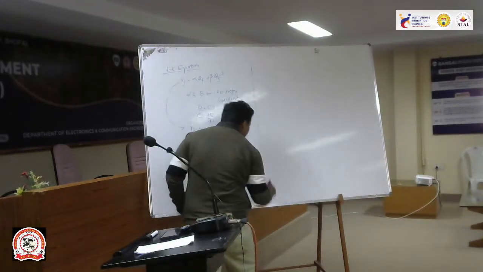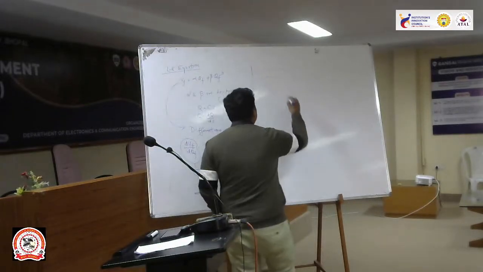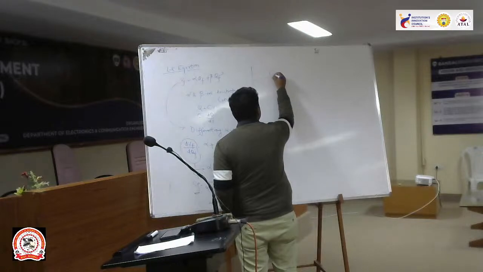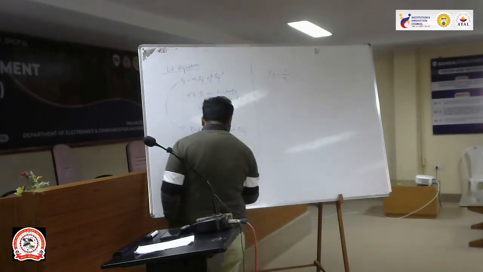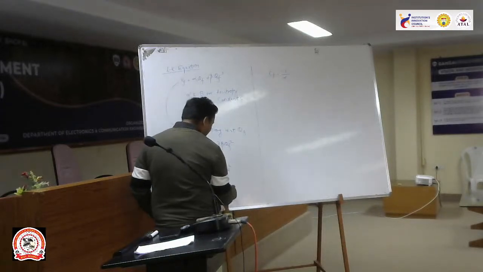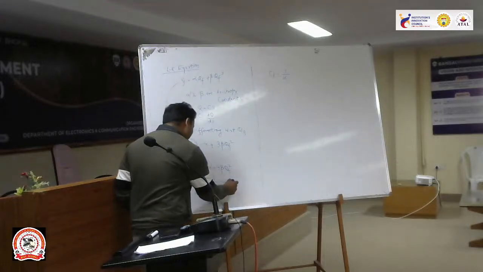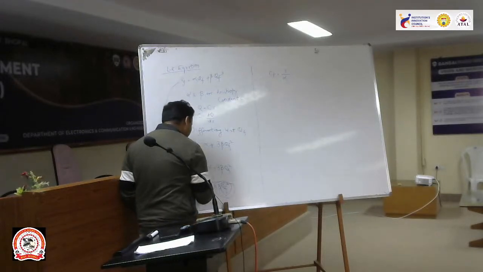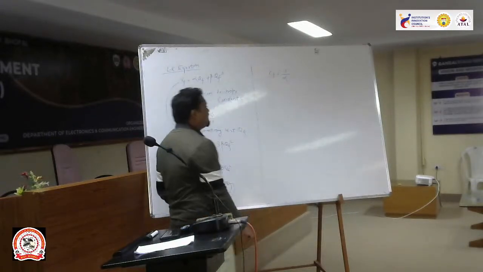Now, I can approximate the value of Cf. If this charge has a small value, Qf square will be further small, so I can neglect this term and say Cf is approximately equal to 1 upon alpha.